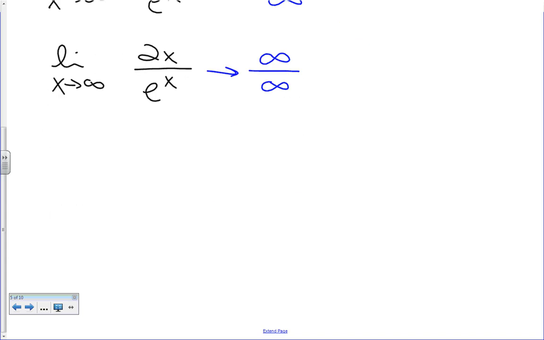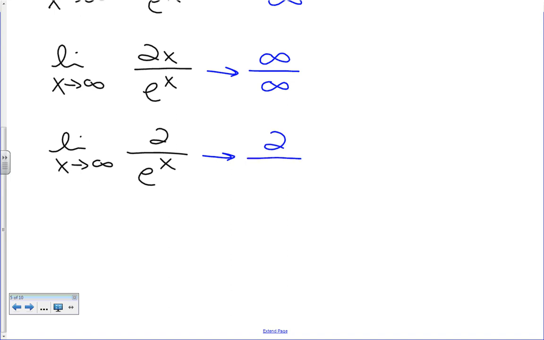We're going to use the rule now on this function. The limit as x goes to infinity of, take the derivative of the top, it's 2, divided by the derivative of the bottom, which is e to the x. Now again, check to see what form you have here. If I let x go to infinity, check out the numerator this time. It's just a constant, so the numerator is heading towards 2.